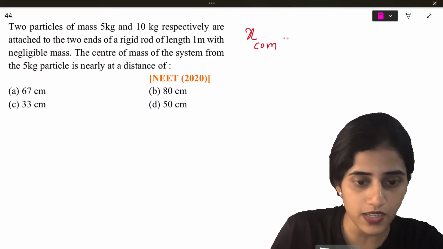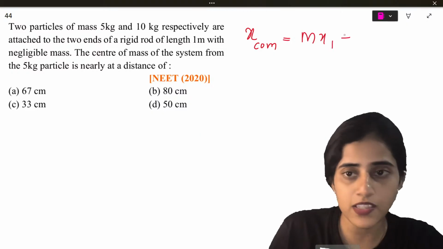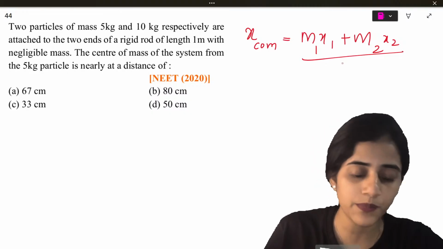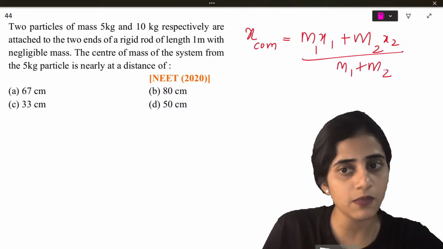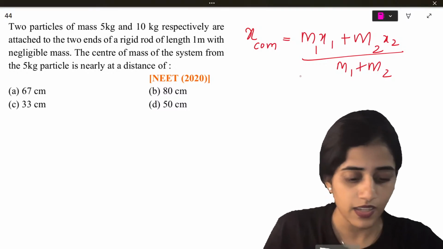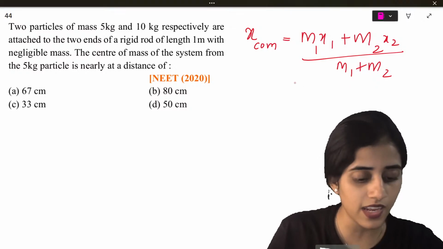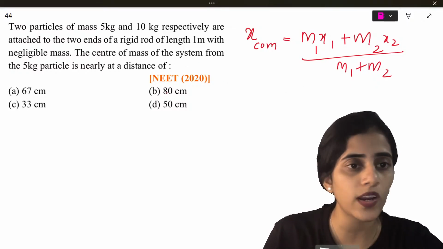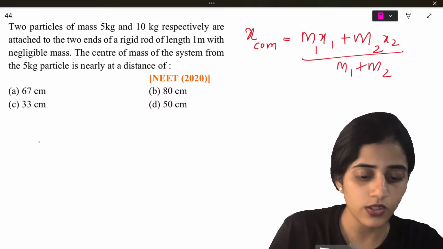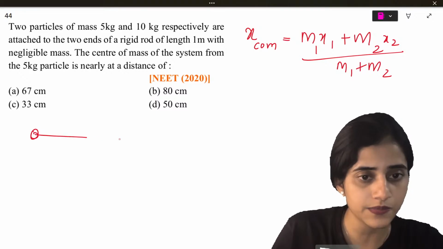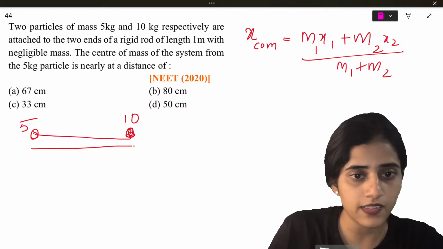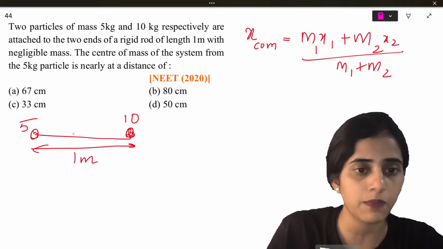X center of mass will be equal to m1x1 plus m2x2 by m1 plus m2. The first mass is 5, the second mass is 10, and they are 1 meter apart. So you can think of a figure like this: this is 5, this is 10, and they are at a distance of 1 meter apart.